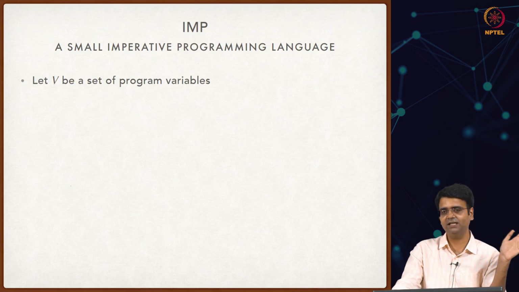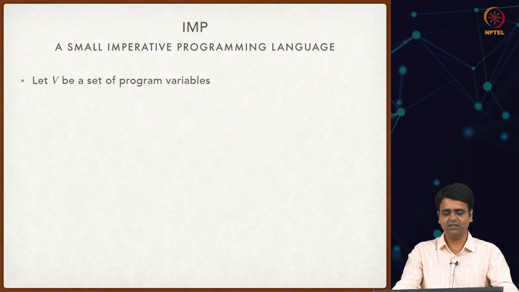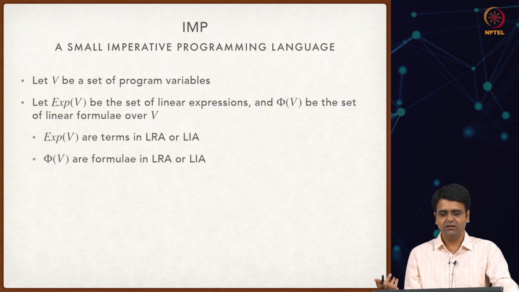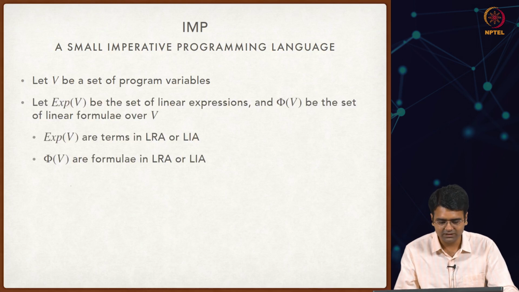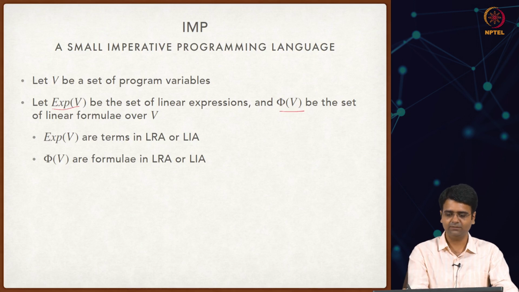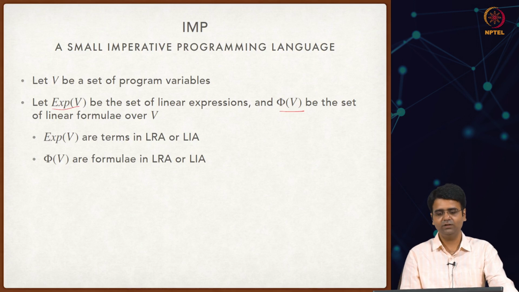You can just directly say what the program variables are and then directly use them in the program. Let's say V is the set of program variables. Now using these program variables, you will construct different kinds of programming statements. We are going to use some notation here. We will define these two notations, Exp_V and Phi_V. What does Exp_V mean? Exp_V is the set of linear expressions over the program variables V.